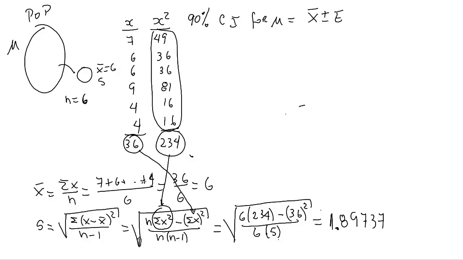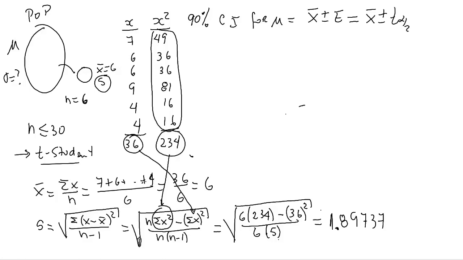For the error, because my sample size is smaller than 30, I have to use t-student, and also the standard deviation of the population is unknown, so we have to use the standard deviation of my sample. The error is given by t alpha half times the standard deviation of my sample divided by the square root of n. And how can we obtain this critical value?